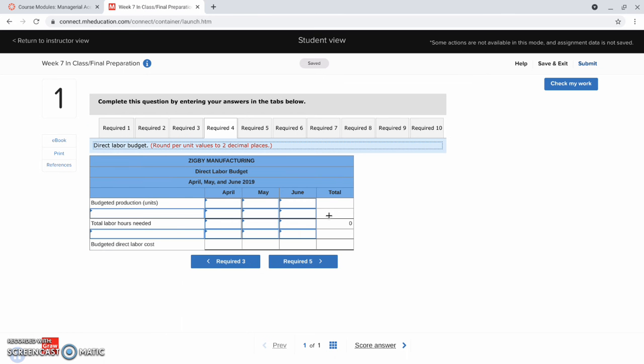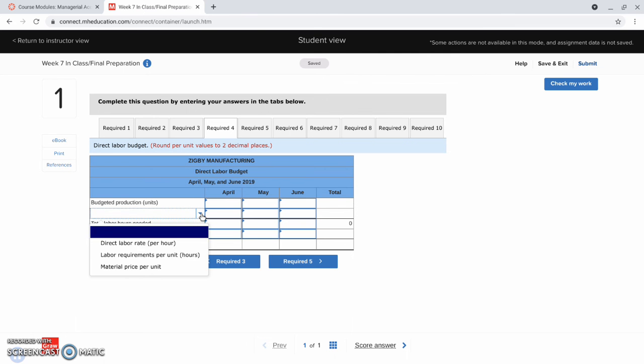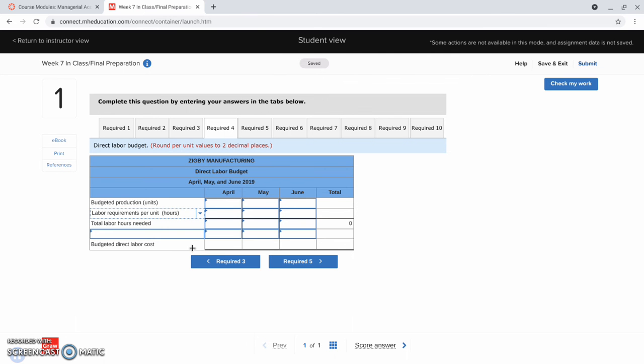Next up is the direct labor budget. So we're going to set up our columns again. This is labor requirement per unit, and then we have our direct labor per hour. So budgeted units, 19,700. See, we're getting consistent there.